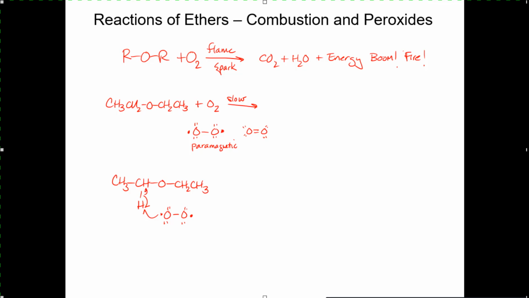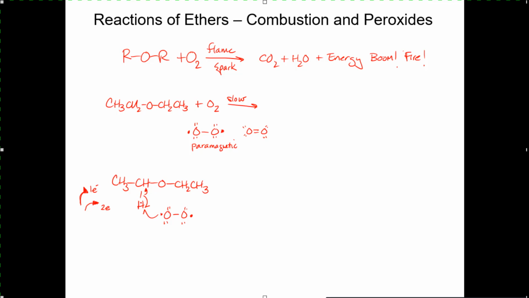And remember what I'm using here is the fish hook. A full-blown arrow represents 2 electrons. A fish hook, which has just one side of it, represents 1 electron.